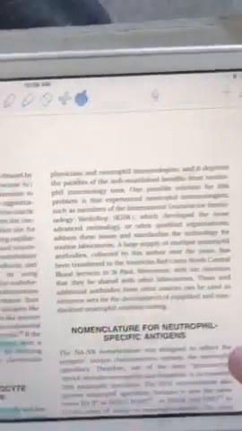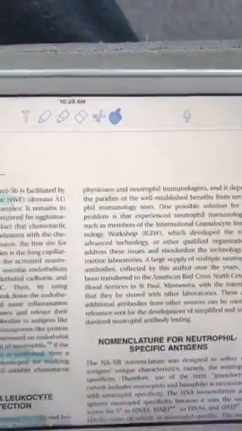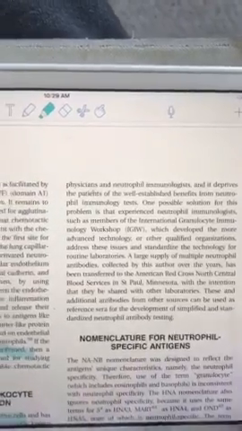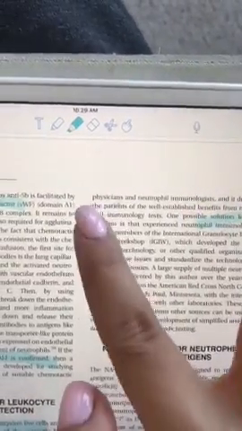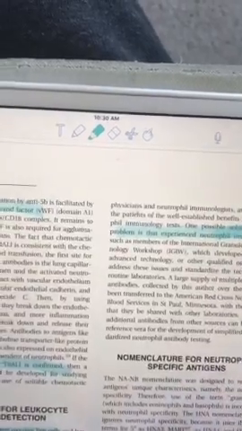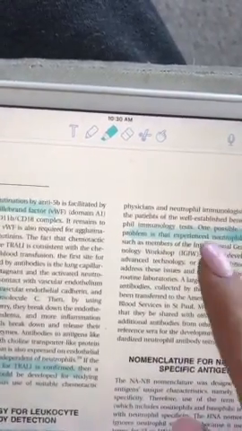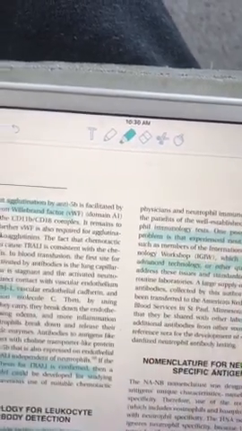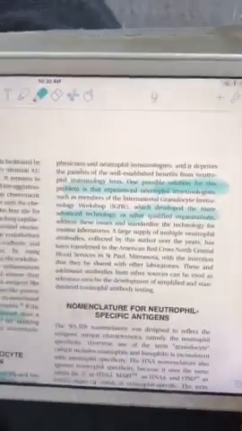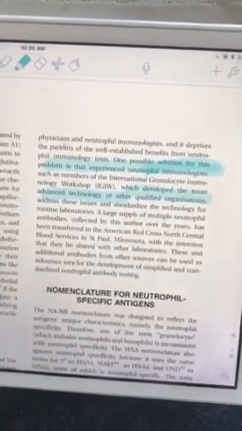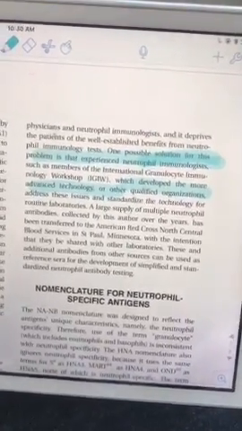So the article discusses a solution for this problem right here, is that experienced neutrophil immunologists have developed more advanced technology, and so they recommend going to reference labs for this information and not trying to depend on the clinicians.